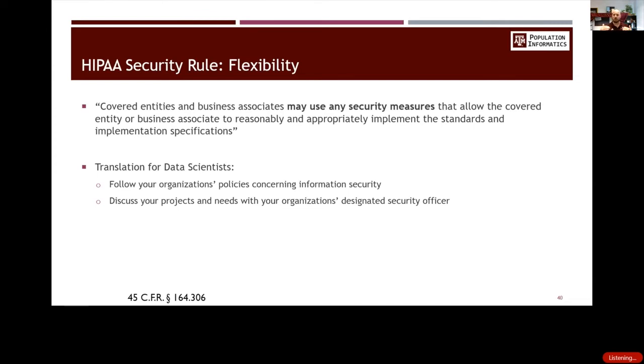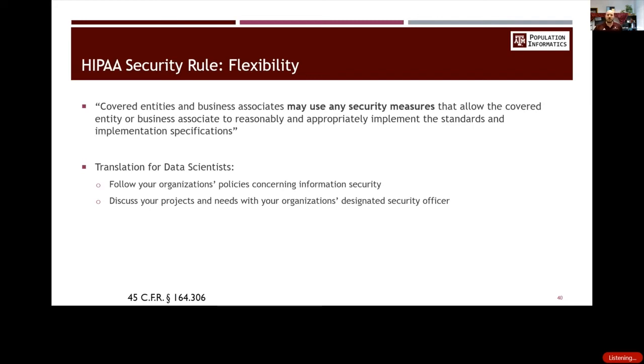And what that means to you as researchers is that it's really, really, really important that you follow your organization's policies concerning information security. That's going to be the best thing that you can do to ensure that you are doing what you need to do to follow the security rule.